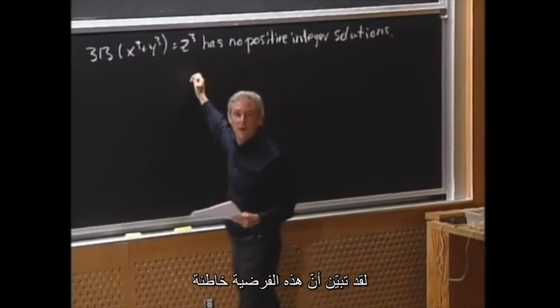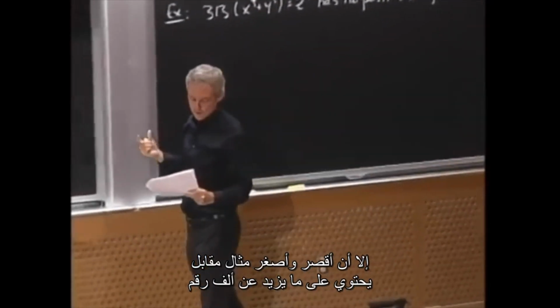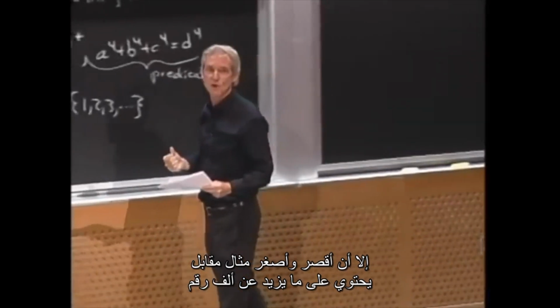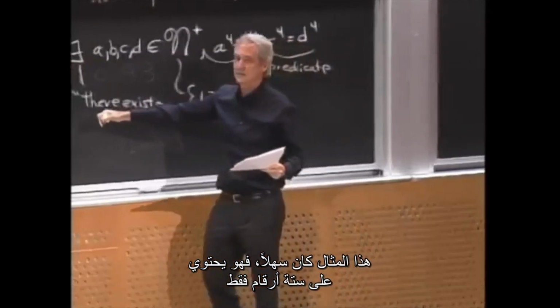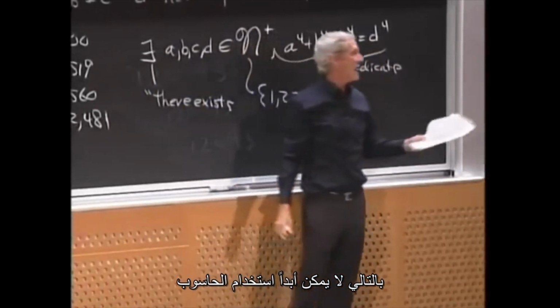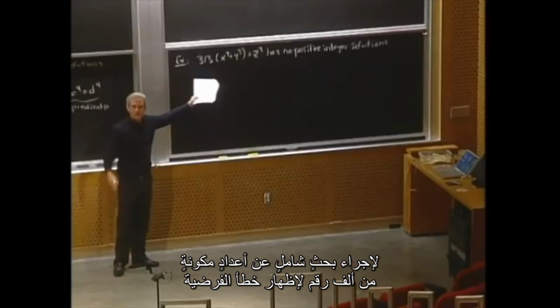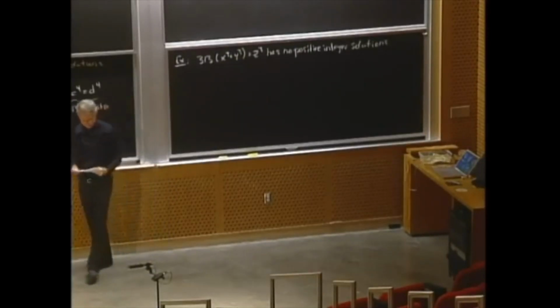This turns out to be false, but the shortest, smallest counterexample has over 1,000 digits. This one was easy. They only have 6 digits. So there's no way ever you'd use a computer to exhaustively search 1,000-digit numbers here to show it's false.